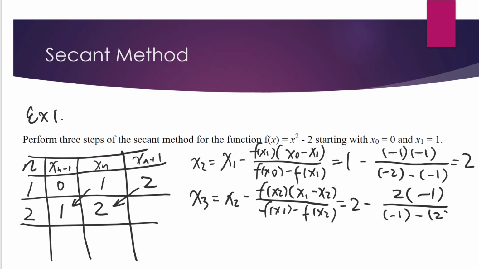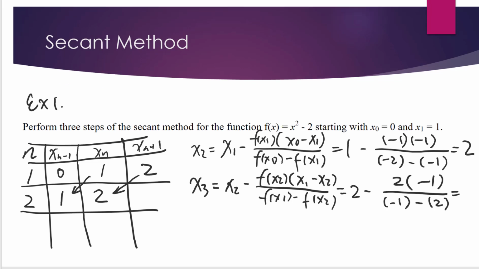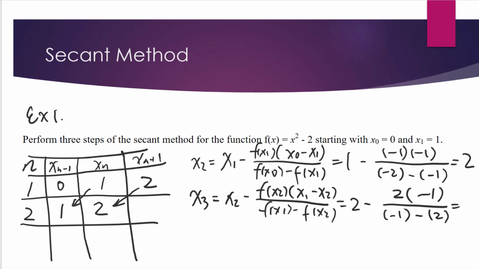So this should be equal to 2 minus negative 2 over 3, wait, that is 2 minus 2 over 3. So this should be 4 over 3. So this is 4 over 3, which is x3.